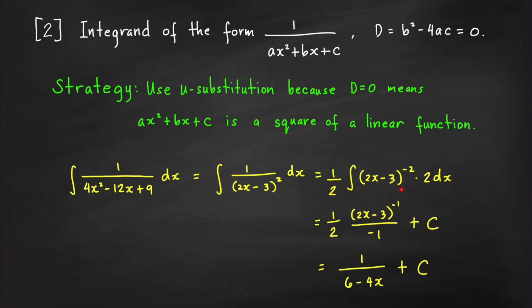Its integral is u raised to negative 1 over negative 1 plus c. We can simplify this and write it as 1 over 2x minus 3 times negative 2, which gives 6 minus 4x, and then plus the arbitrary constant c.